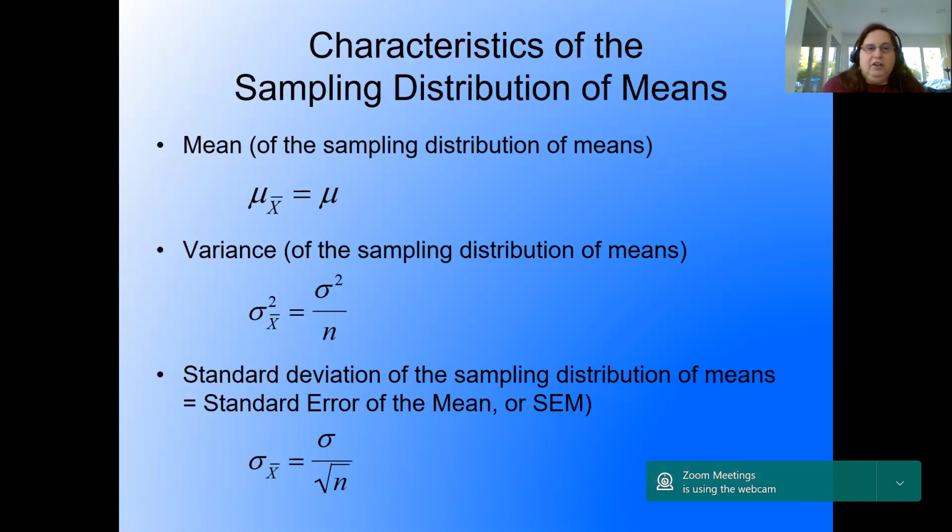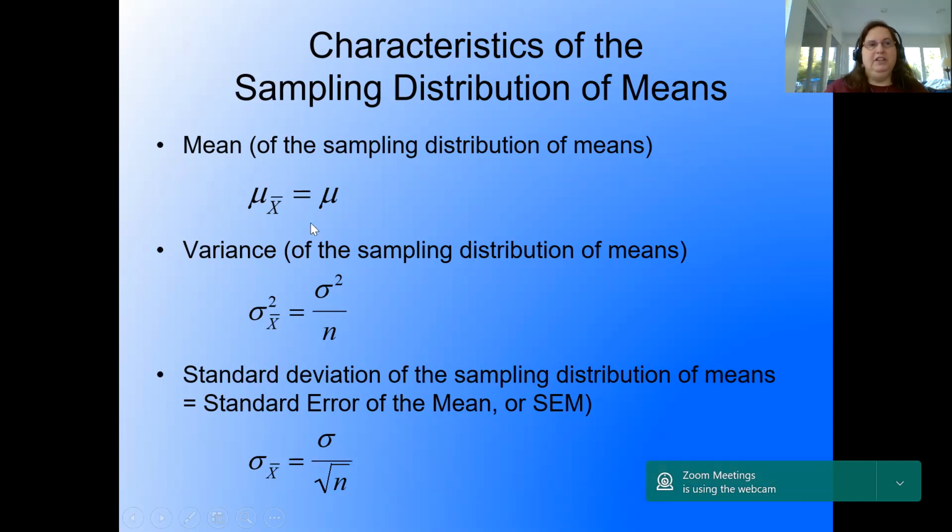So now let's talk a little bit about the characteristics of the sampling distribution of means. We already sort of talked about this. I just didn't give you the exact formulas. So what is the mean of the sampling distribution of means?